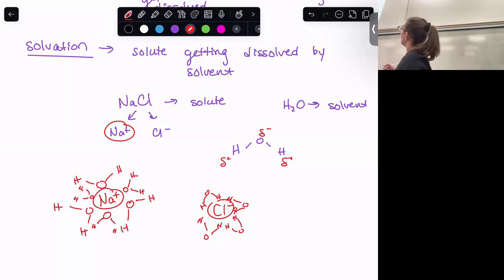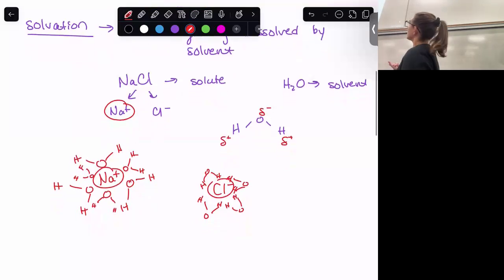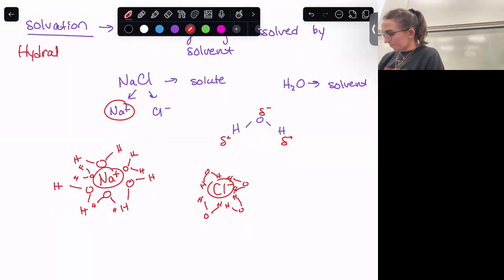Okay. One thing to note, right? Solvation and hydration are going to be interchangeable when you talk about an aqueous solution. So if you say something is being hydrated, you're doing what we're doing right here in red. We're creating an aqueous solution, dissolving a solute in a solvent. They're the same thing when it's water.